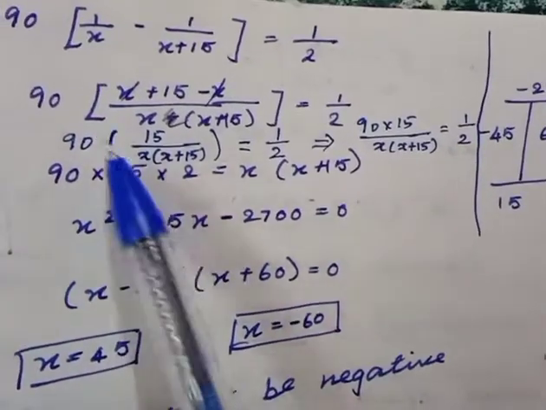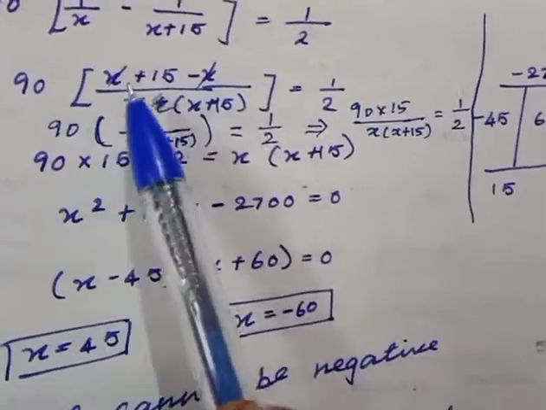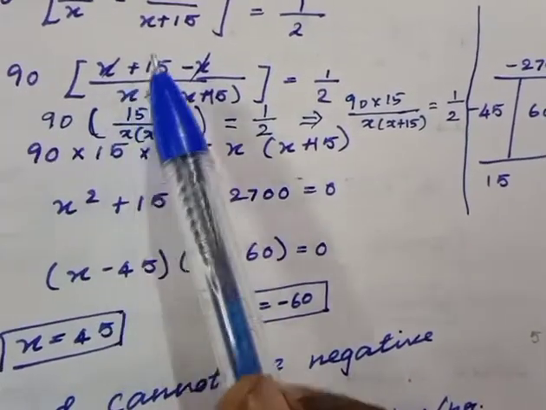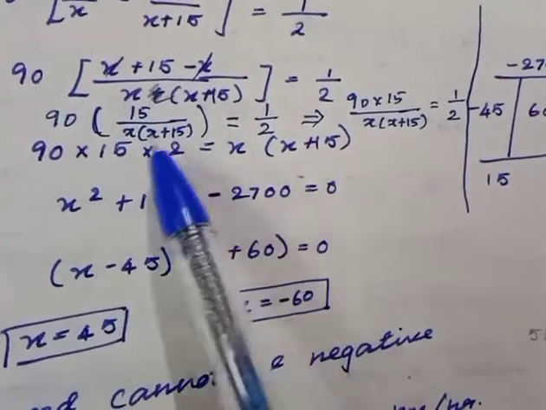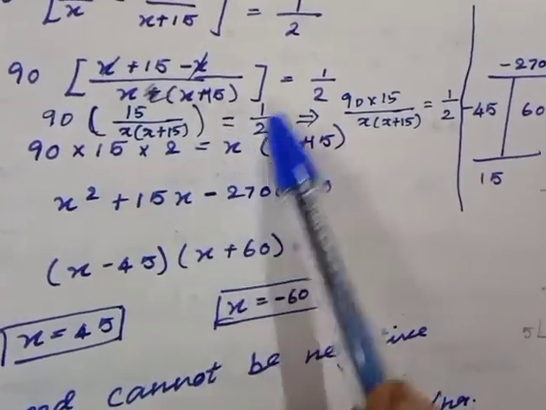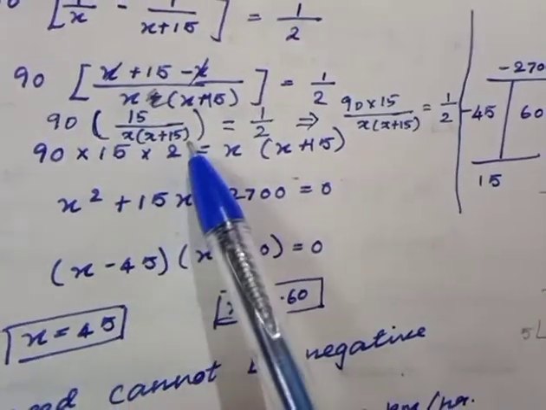Listen students, one more step we have to write here, then we proceed. After cancelling, you have 90 into 15 divided by x into x plus 15, that is equal to 1 by 2. Then simplify by cross multiplication: 2 into 90 into 15 is equal to 1 into x into x plus 15.